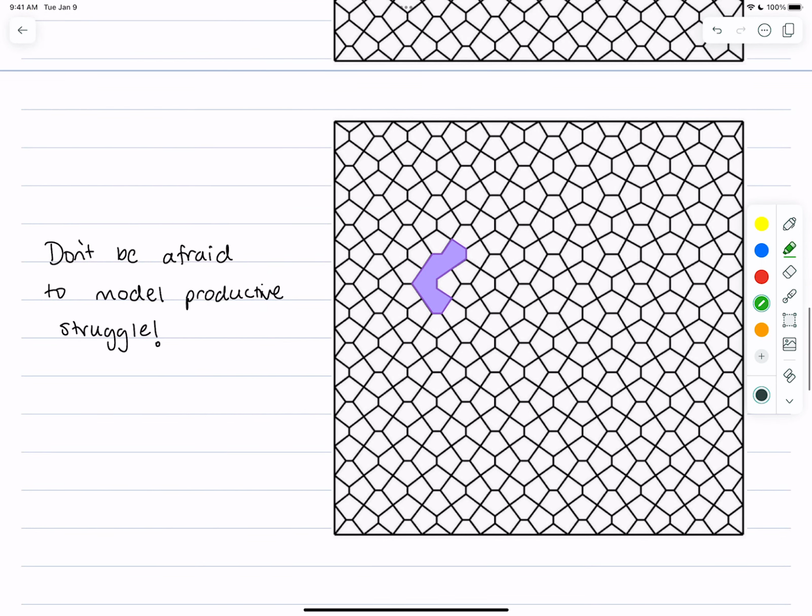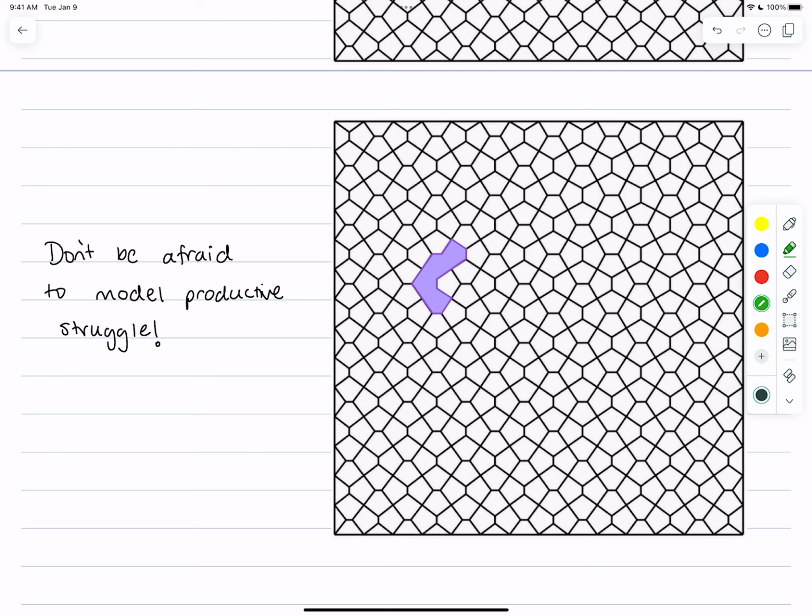In this activity, don't be afraid to model productive struggle and show your students it's okay to explore and be wrong sometimes. You can draw a shape on the plane and say, we're just trying to come up with some funky shapes that tile it. Does this shape tile it? I've got this purple shape here, and this one's really weird. It kind of looks like a fish hook, I guess.